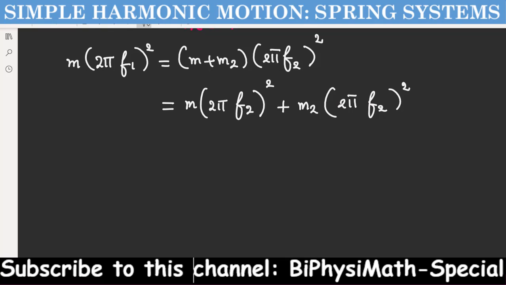Solving for M, we find now we want to find this M here, the M of this term.